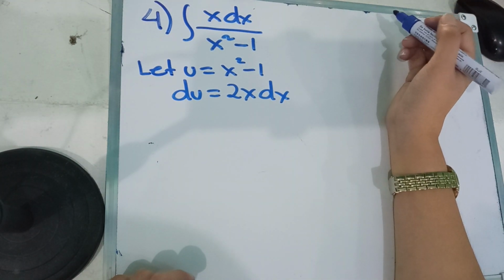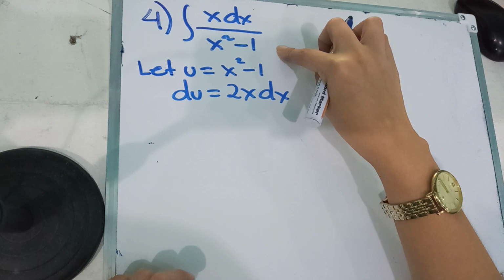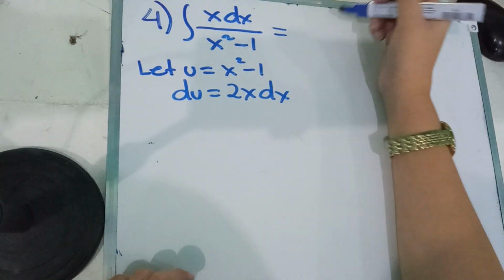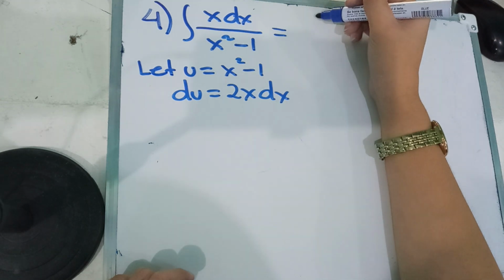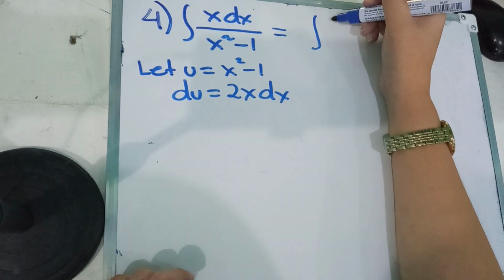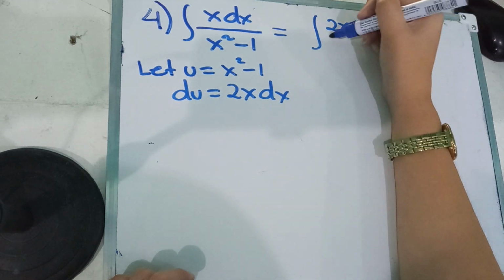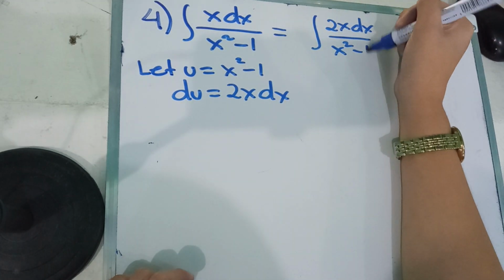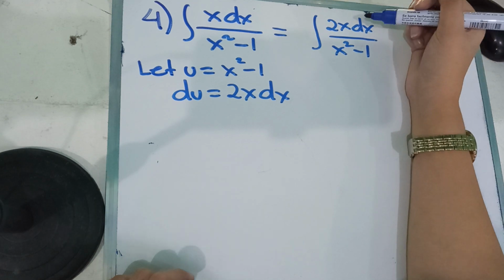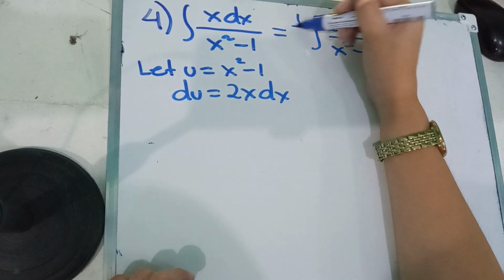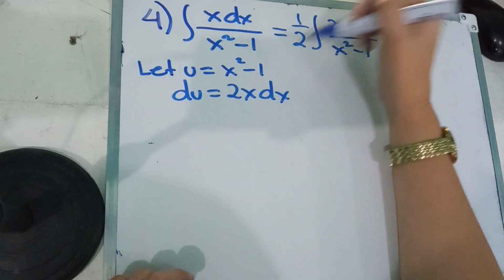Now, this is our u, our du is 2x dx, so we can transform that one. That can be the integral of 2x dx over x squared minus 1. Now, since we put 2 here, we need to put 1/2 just to offset 2.